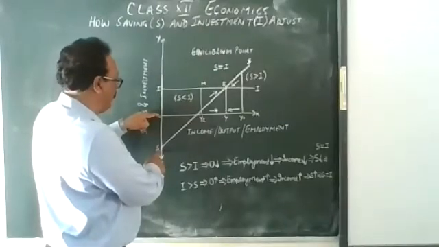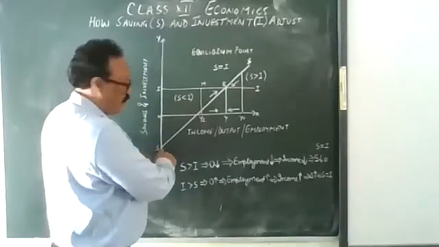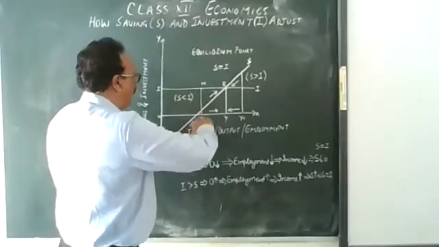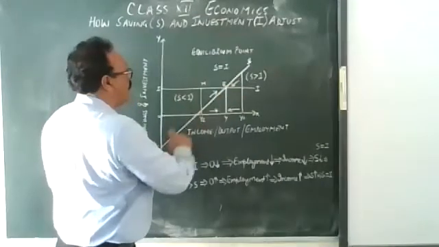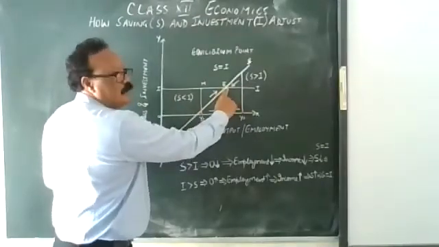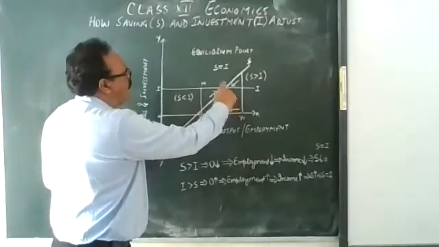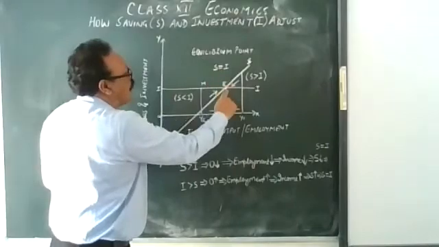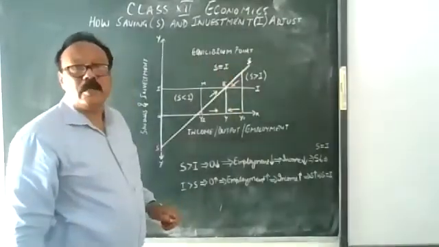S begins in the negative, begins from here, and the place where the saving curve cuts the investment curve, that is the point where S will equal I, also called the equilibrium point.